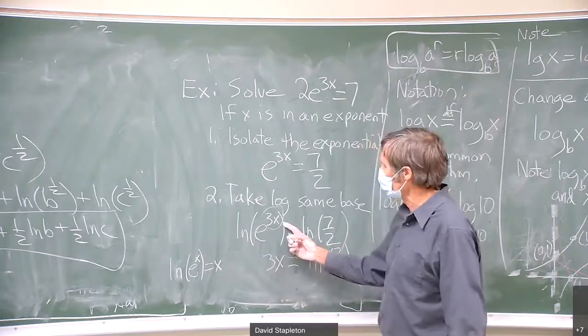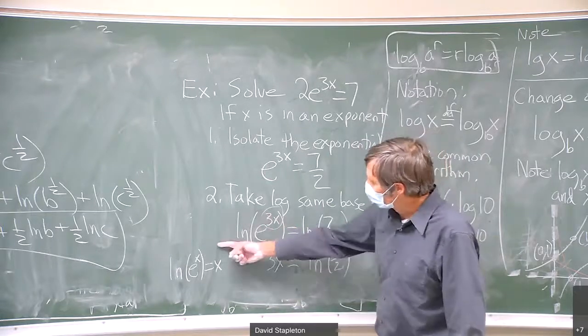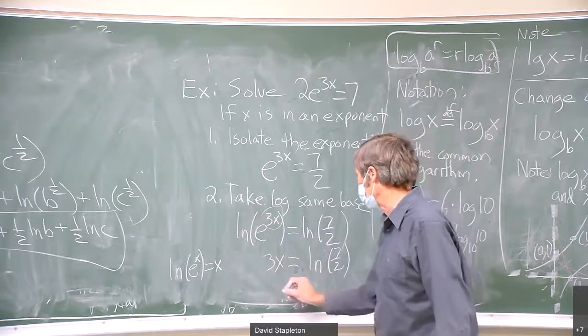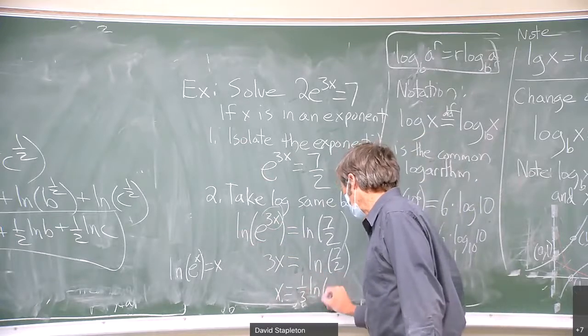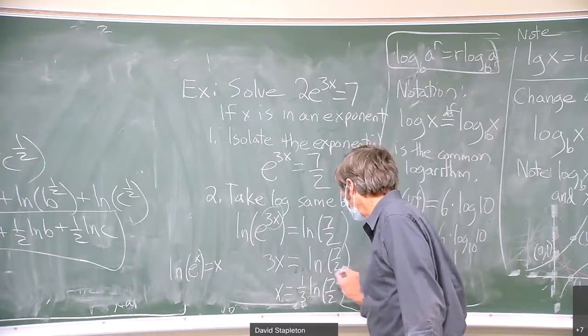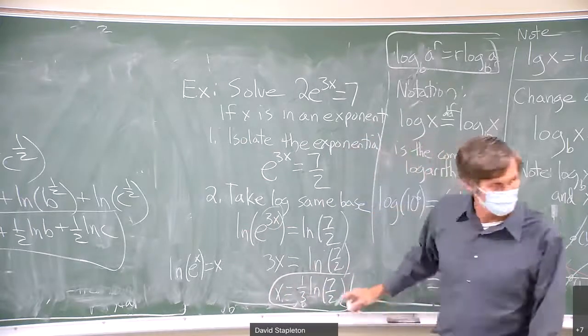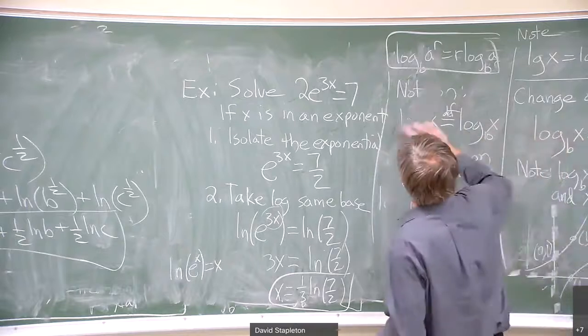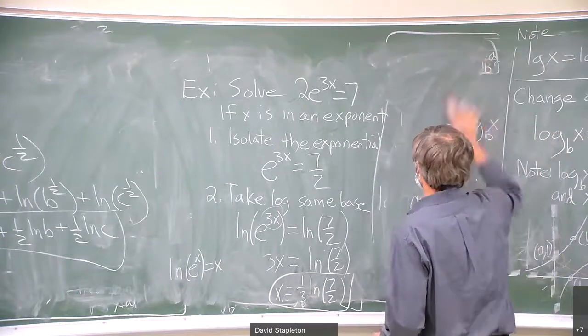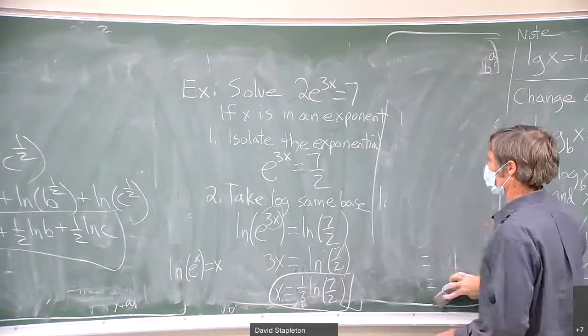So what happens when we take the logarithm of both sides, x comes out of the exponent and you can solve for it. Now I've got x is 1/3 natural log 7/2 exactly. That is the exact answer in terms of logarithms. So I just wanted to point out, you can do some homework with that. When x is in an exponent, you isolate the exponential, take the logarithm of both sides.